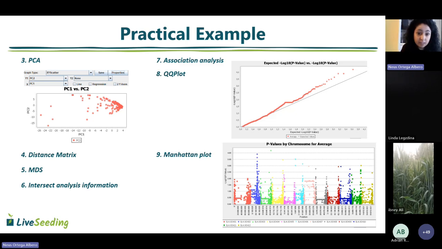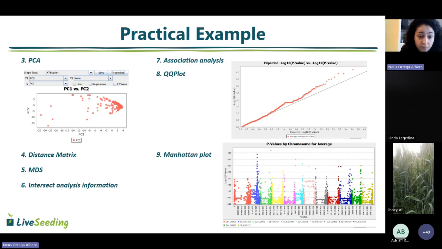So as we see in the Manhattan plot, there's no QTL going above the line, the threshold we marked. So basically, a Manhattan plot is a representation of all the positions we have, all the markers along all the genome.